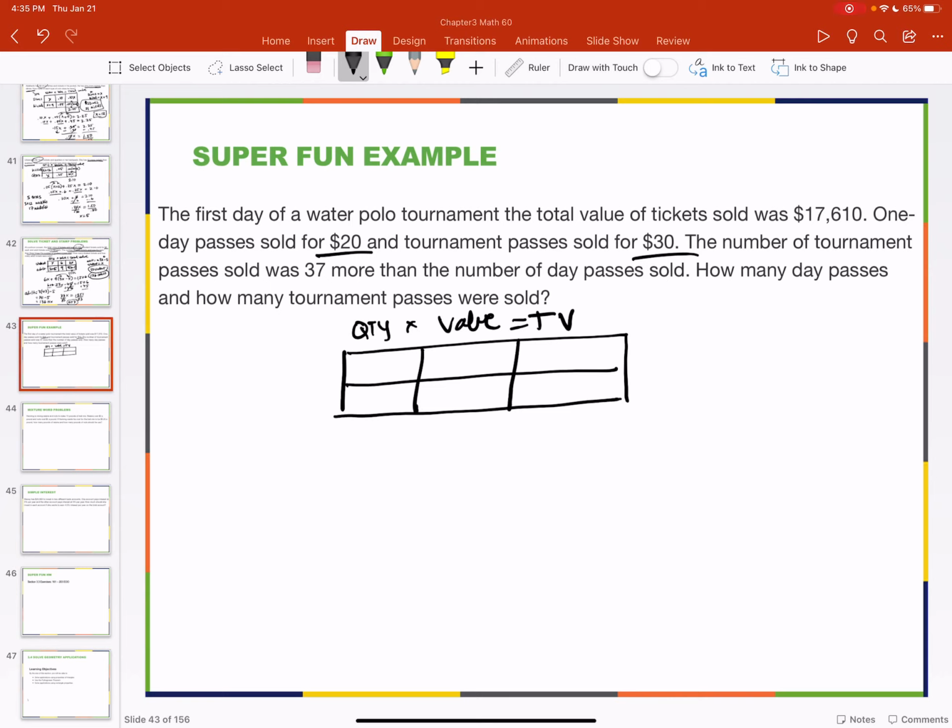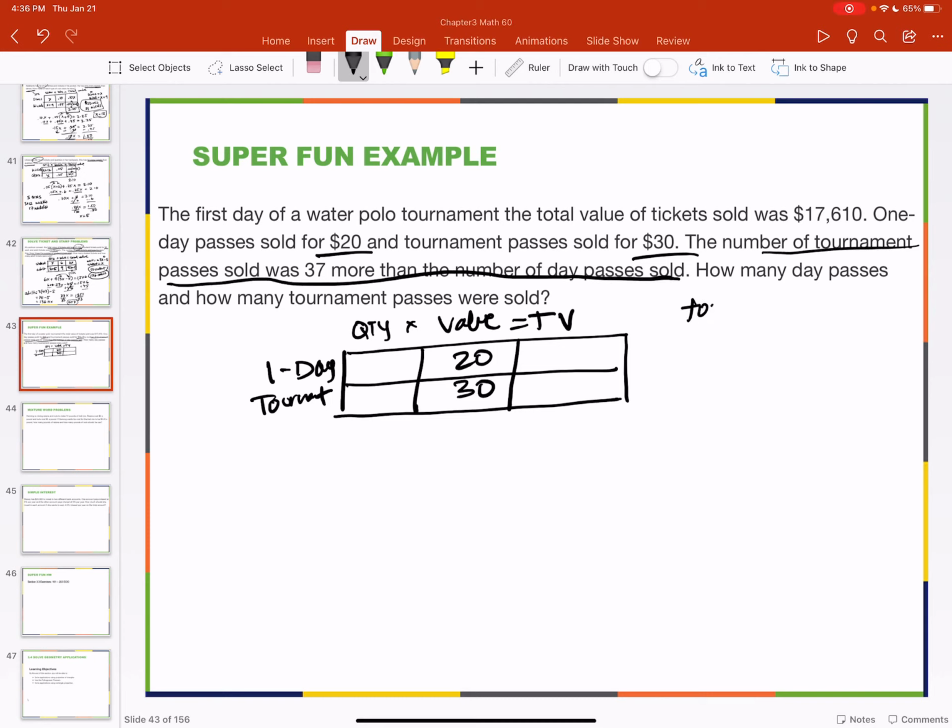So what do we have? The one-day passes, and then we have the tournament passes, right? We don't know. So we know that the one-day passes are $20 and the tournament passes are $30. This is important here.